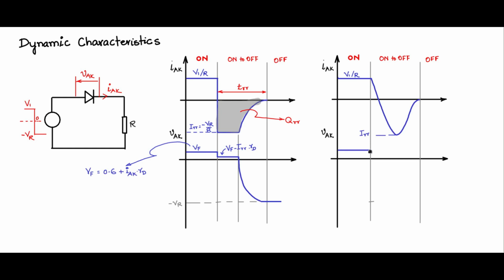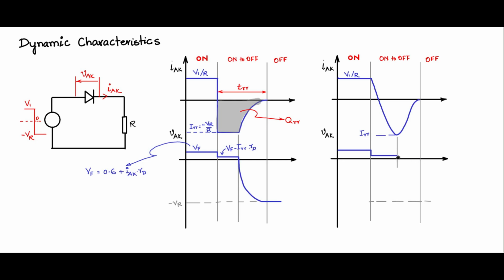The forward voltage drop is the same as here, VF, and once the voltage has reversed, the diode has still not stopped conducting. The charges are getting recombined. So during this time it is VF minus IRR into RD, that still continues.